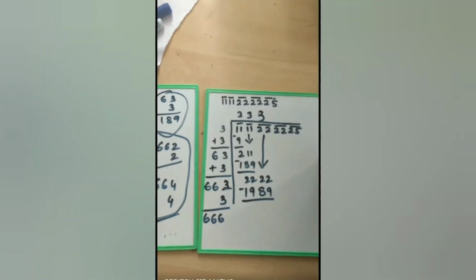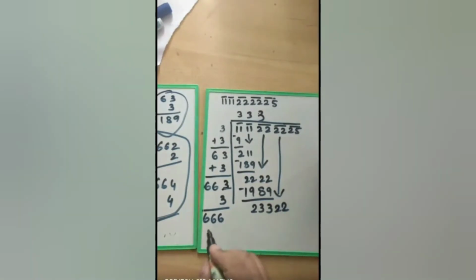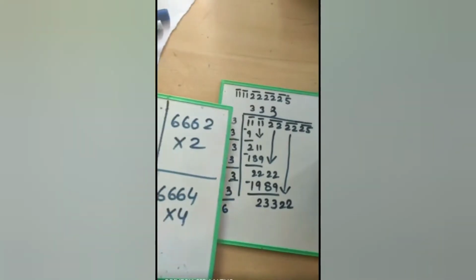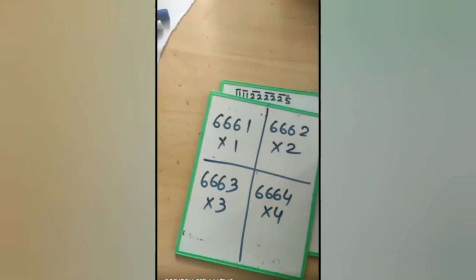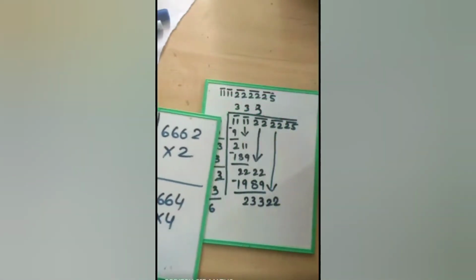You get 2 3 3. When you take this down as a pair, it becomes exactly 22. So what number shall be taken so that we can keep over here? 3, right? So we take 3 over here.